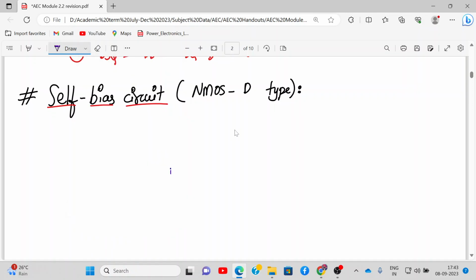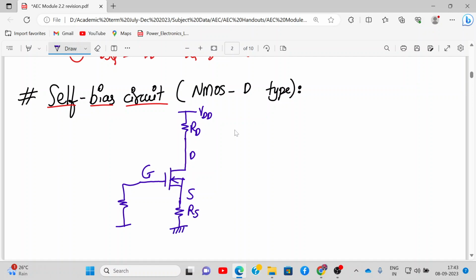So here we draw the symbol first. The three terminals are gate, drain and source. Here you have RD, here you also have RG, but here you also have RS. So RS is the additional term. This is RG. So this is the circuit.